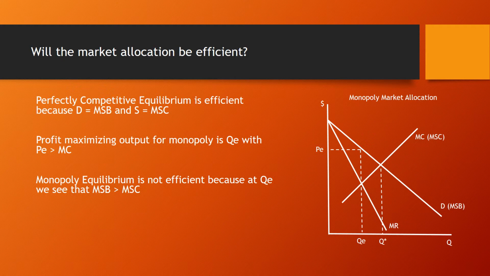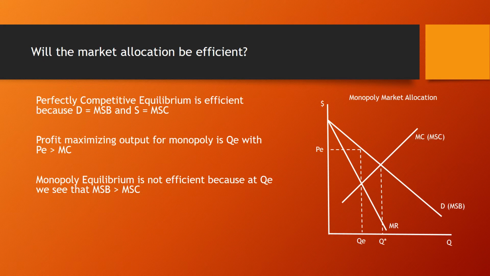So, QE, the monopoly output, is inefficient. We can also say the efficient quantity is Q star, and that from the efficiency point of view, a monopoly market will produce too little output.